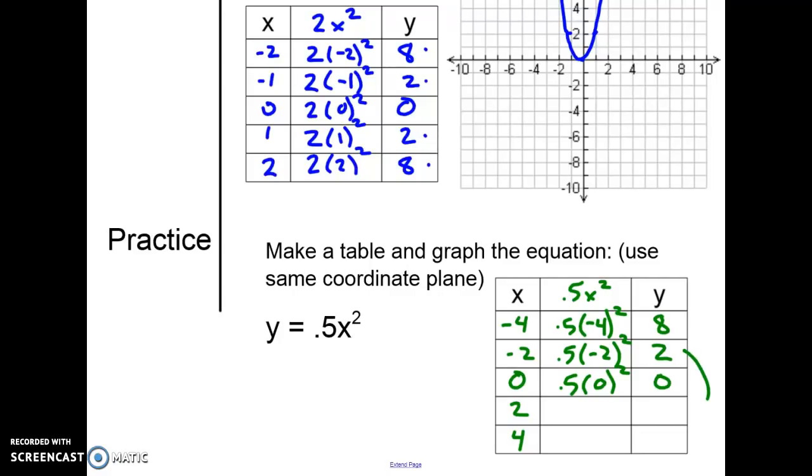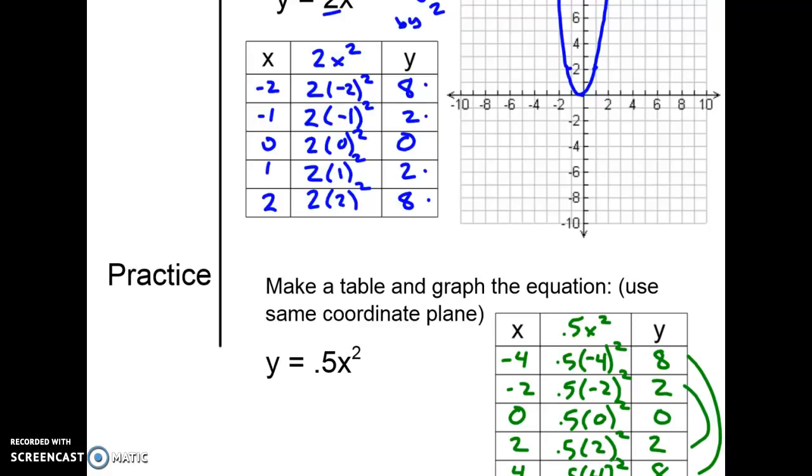And then hopefully you'll see how these are going to be matched up again. So we have 0.5 times 2 squared. Well, 2 squared is 4. Half of 4 is 2. And then 0.5 times 4 squared. 4 squared is 16. Half of 16 is 8. So now we have our points here.